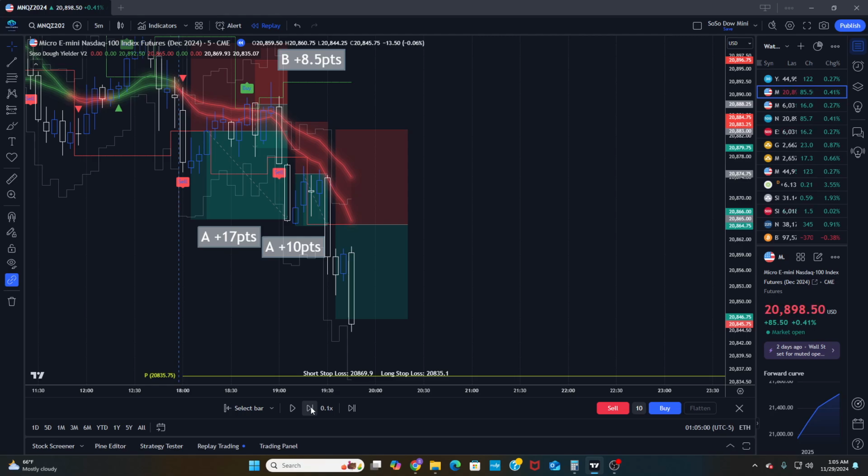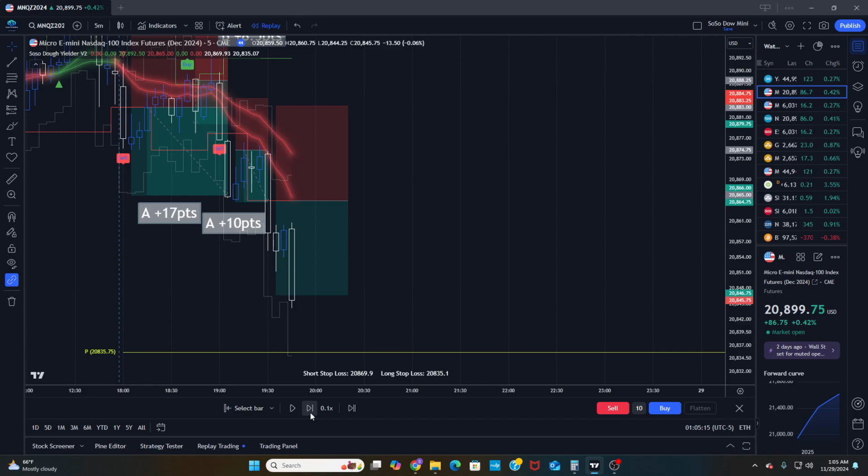Okay, so that one kind of went down and hit our take profit without retesting the level. So at this point, you may want to consider just removing the trade.